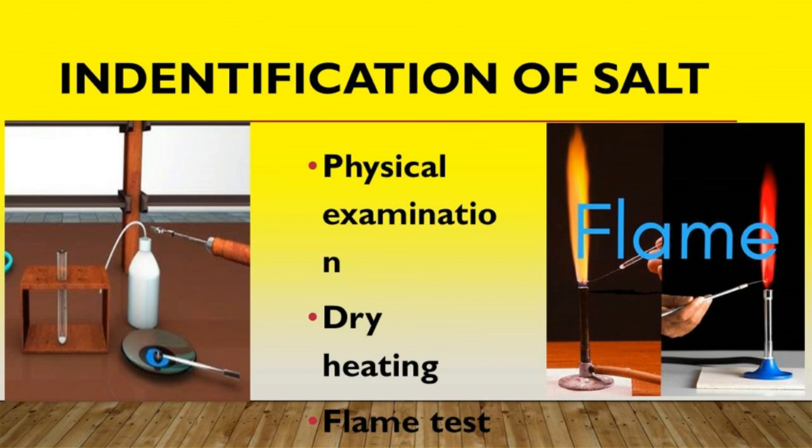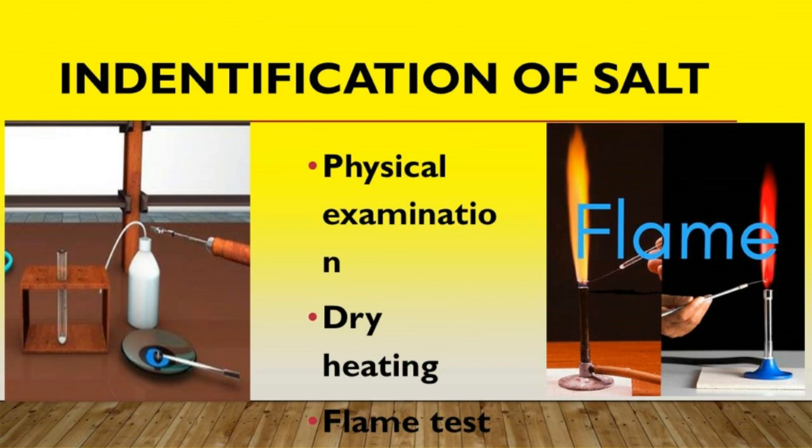Second one, dry heating test. This test is performed by heating a small amount of salt in a dry test tube. Take a test tube and put a small pinch of salt in it. Heat it in a flame. After all the water has evaporated, the salt is left in the test tube. This is called the dry heating test.